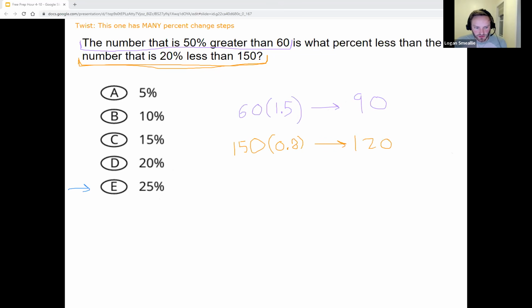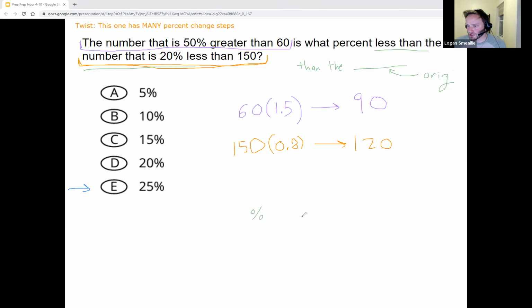And then once I reach this point, I just have to be careful about what's my original and what's my new. Well, remember, less than the blank. When you see "than the blank," whatever goes there, whether it's greater than or less than, is your original in the formula.